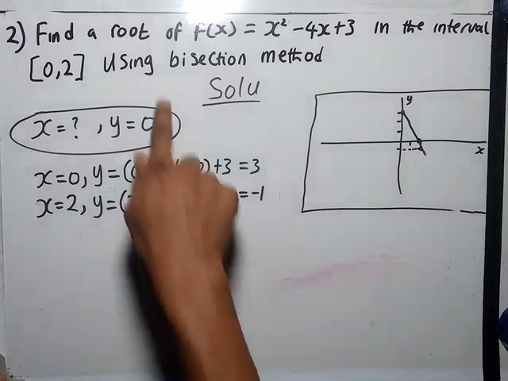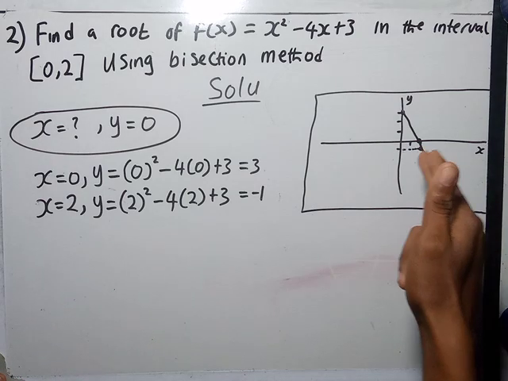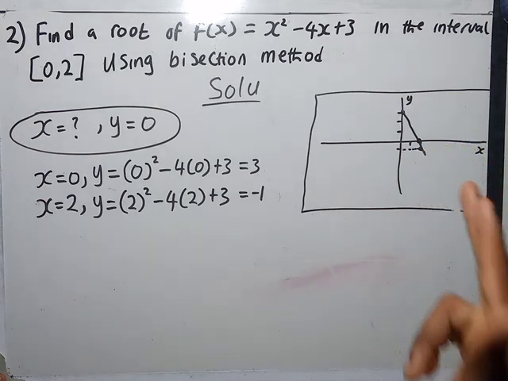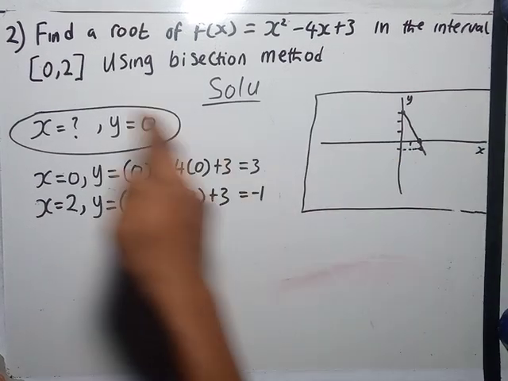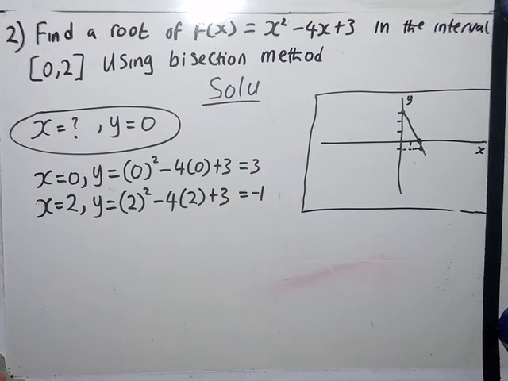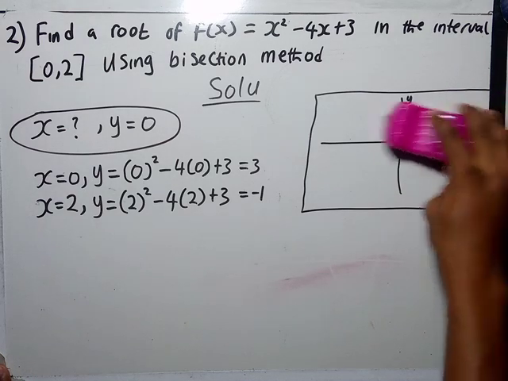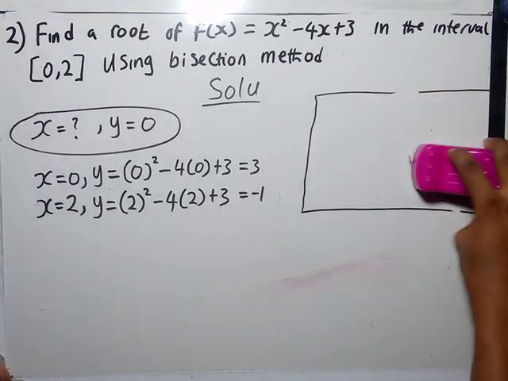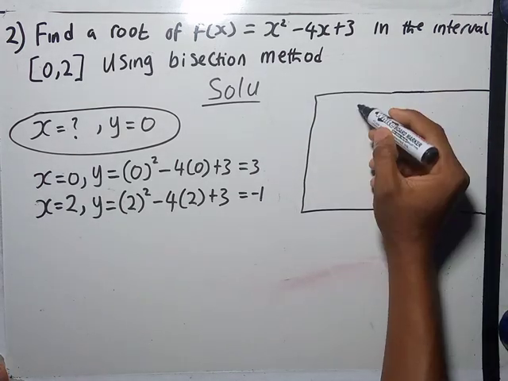Remember, what we are using is the bisection method. The idea here is to keep dividing that particular spot into 2 equal parts, until you get the value that you're looking for. So when we divide this 0 and 2, I would like to broaden the diagram.